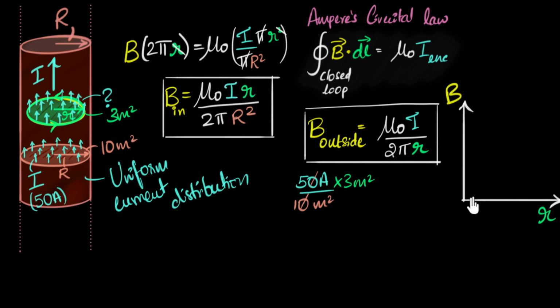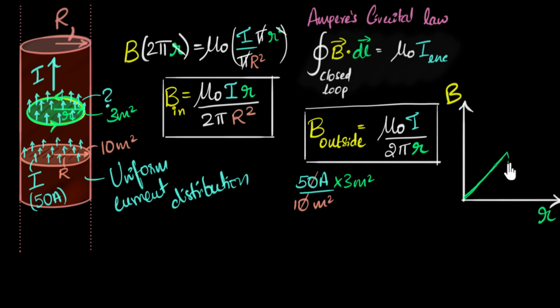All right, as long as we are inside the conductor, we will get a linear graph, B proportional to r. So we'll get a straight line and keep increasing. Until when? Until we are inside. But how do I represent that in the graph? Well, until the r value is equal to capital R, because once r becomes more than capital R, I come outside.